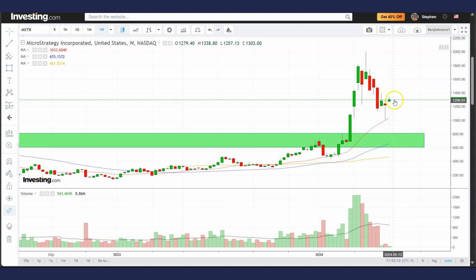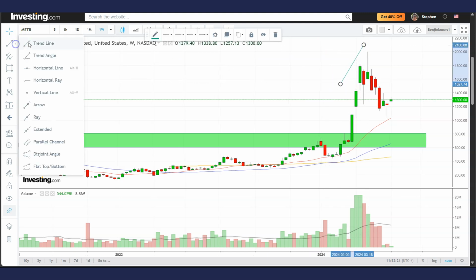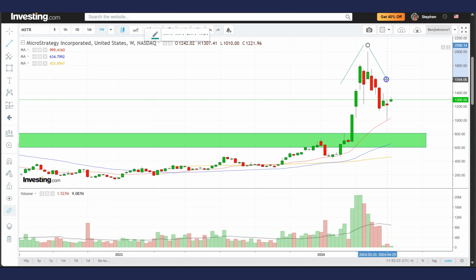If it moves back higher, we might encounter the next problem, which might be a double top, right? But that is just something for you to think about. There is a lot of tradable room between now and then.